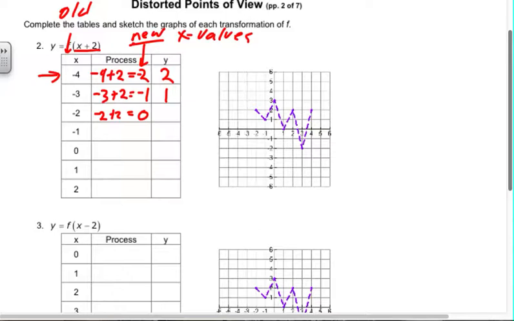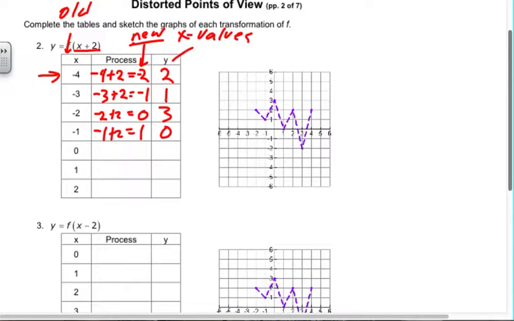So what we're going to do now is, instead of plotting these old x values, we're going to plot these new x values versus our new y values. So we go back in, we take a look at our table. f of 0 is 3. Now I'm going to have -1 plus 2, which is 1, and that function value is 0.